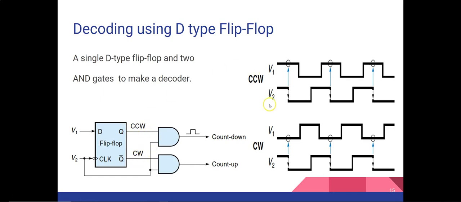So here on the right hand side, you see V2 represents the negative edge triggered clock pulse, and you know that in the negative edge trigger, we trigger it from this side. So this is the negative edge triggering, and this is the input signal, which is shown like this. What will be the output in this particular case when it is negative edge triggered and the input is high?